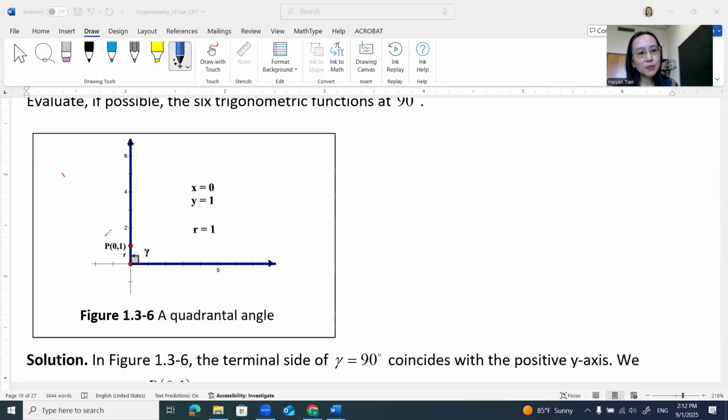It's still possible because we can pick a point. It doesn't have to be this one. For example, instead of 0, 1, you could pick 0, 4. That's also a point on the terminal side. The reason we pick 0, 1 is that the y coordinate is the integer 1, which is simple, but which point to pick will not affect your function value.